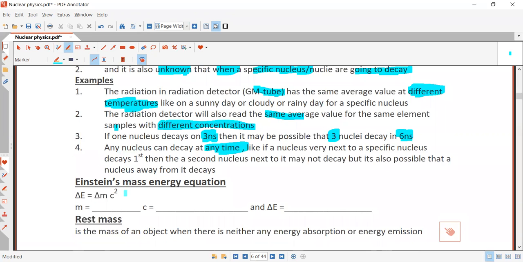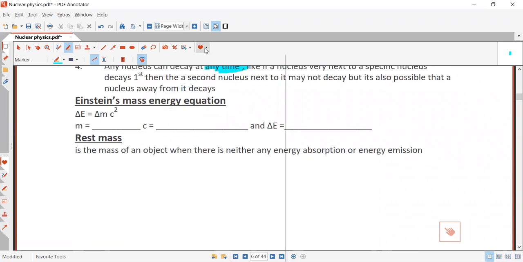Okay. So now let's talk about Einstein's mass energy equation. You already know about it. It is E equals mc squared, where m is the rest mass, c is the speed of light, which you already know the value of, right?